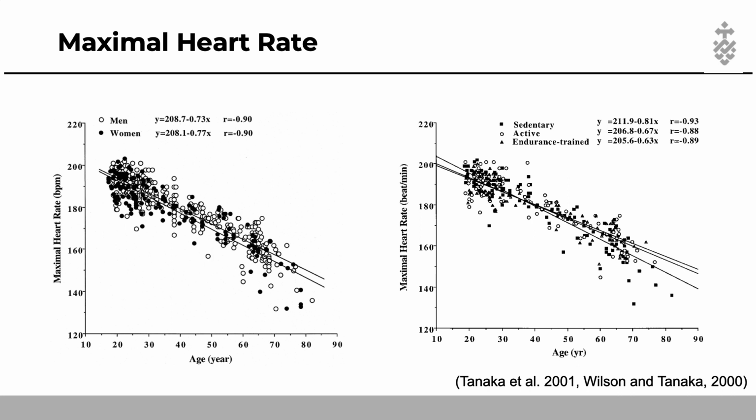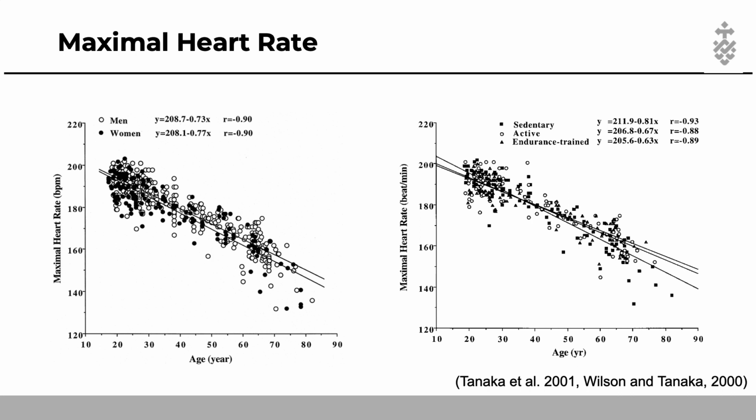So what this means is that this decline in maximal heart rate is inevitable. It's the most consistently reported mechanism contributing to the decrease in our aerobic capacity, in our endurance exercise capacity that's associated with aging. So overall, we see from these two graphs here that the progressive decline in heart rate max with age is independent of sex or physical activity.